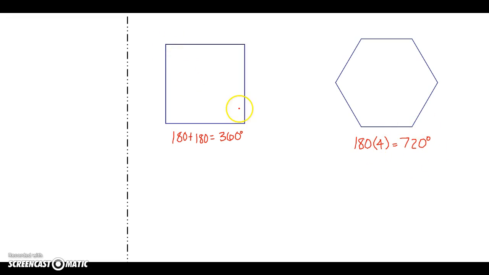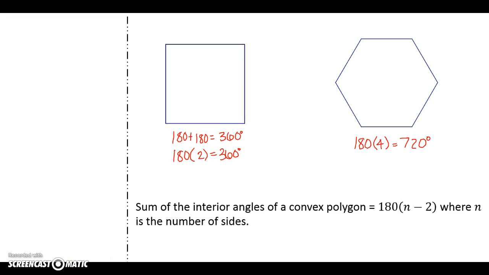Now, we don't want you to have to do that every single time, where you draw the picture, and then you draw in the triangles, and then you add 180 times however many triangles there are, and get your answer. Like here, we would have done 180 times 2 to get our 360. We don't want to do that every time. So there is a shortcut formula, so I wanted to show you this first so that you could see where the formula comes from.